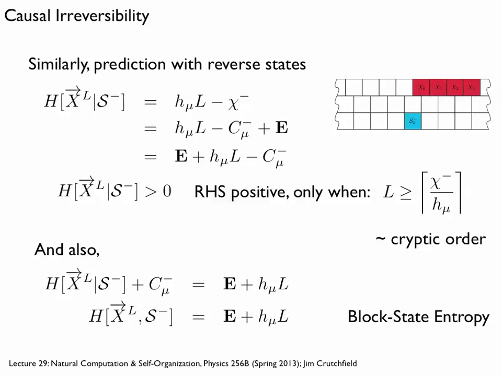It's the same sort of scaling argument, and we now also have a similar kind of cryptic order, associated with how well the reverse causal states predict the futures that are associated with them. And they have the same kind of scaling. So the future block, past causal state entropy scales with an asymptote of E plus H mu L.